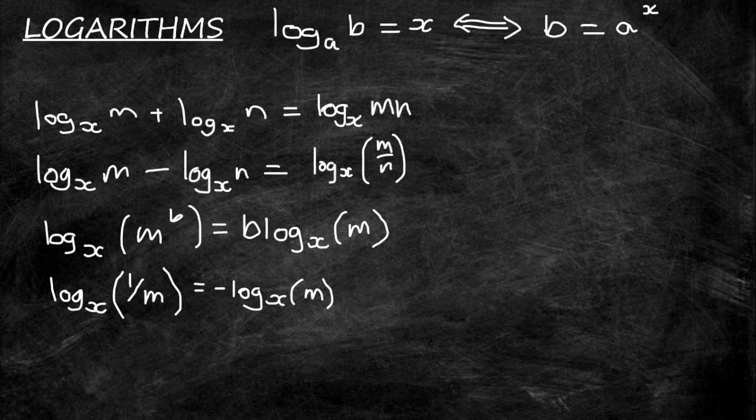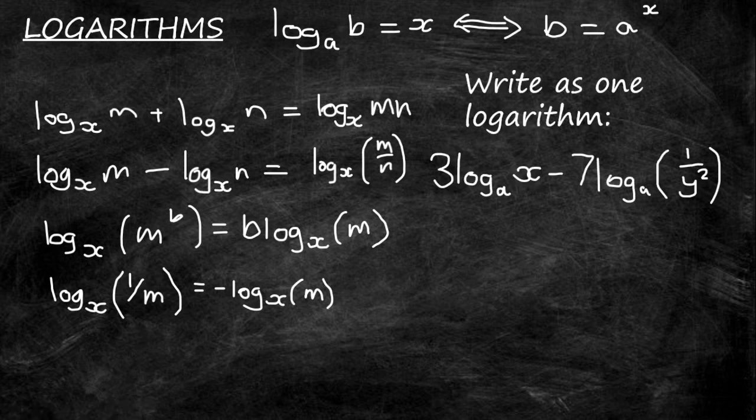So using this list of logarithm rules, we'd now be able to answer questions like this. We want to write this statement here as one single logarithm. So we'll start by dealing with this first logarithm here, 3 log base a of x. Because we have this constant 3 multiplying the logarithm here, we can bring this constant up, so to speak, as a power using the power rule.